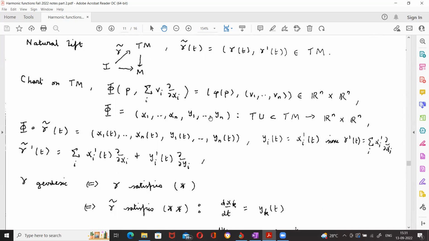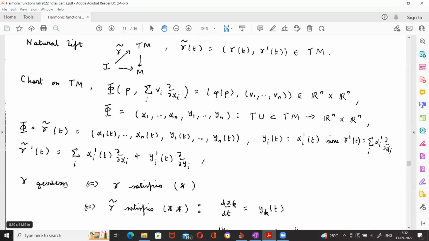So if gamma tilde has coordinate functions x1(t) to xn(t) and y1(t) to yn(t), then gamma tilde prime(t) will be summation xi prime(t) del xi plus yi prime(t) del yi.